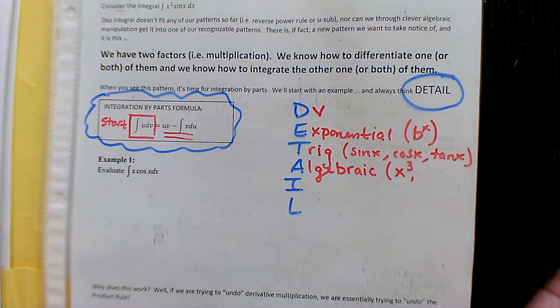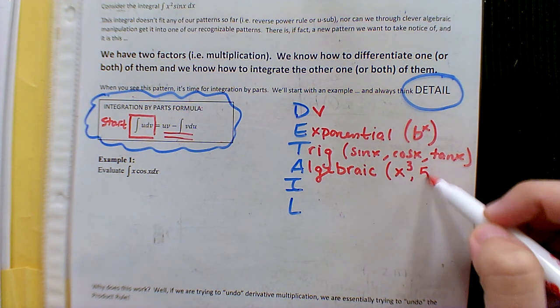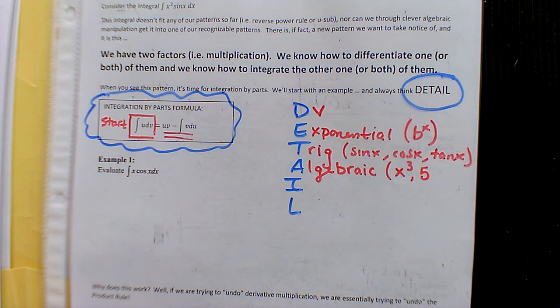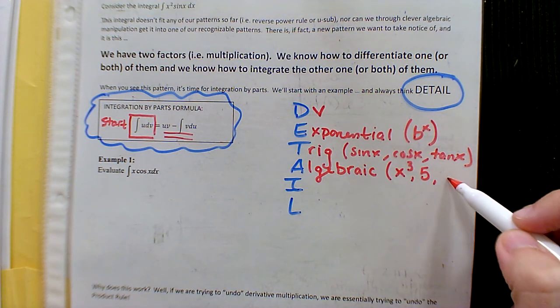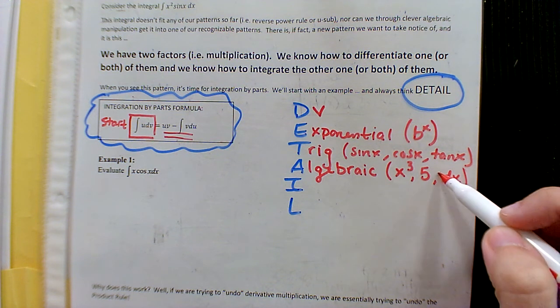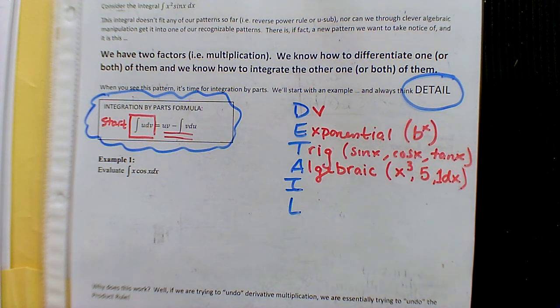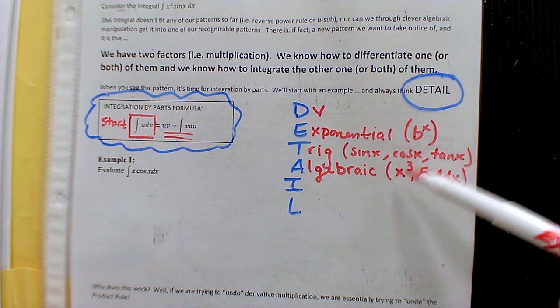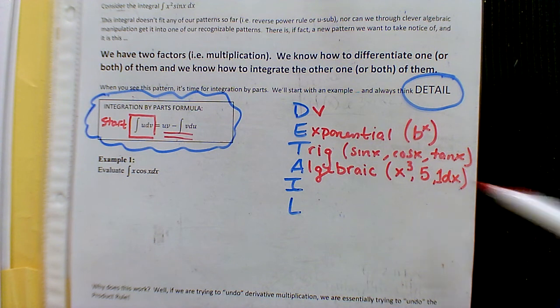They could also be your constants, maybe a constant value like 5 or 4 or some multiplier out front. The algebraic could also represent the dx portion, because technically that's a constant of 1 out front. So with algebraic, you have a multitude of options: a polynomial, a constant, or that change in x.